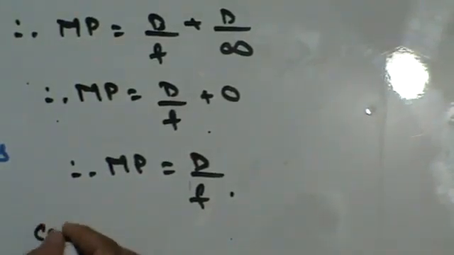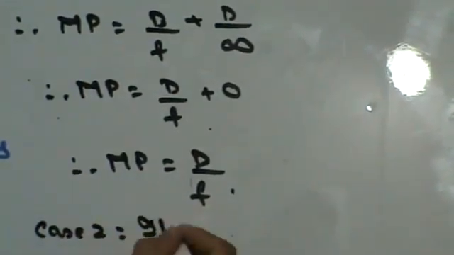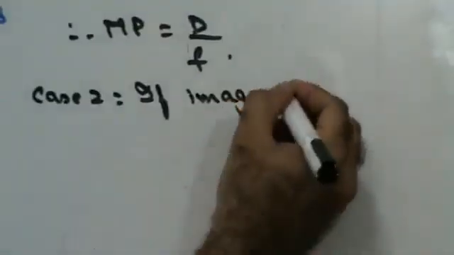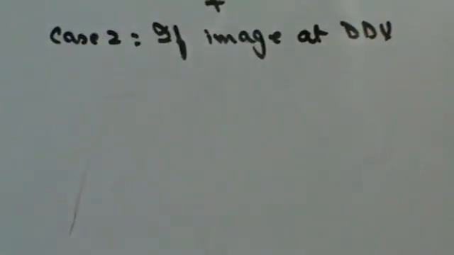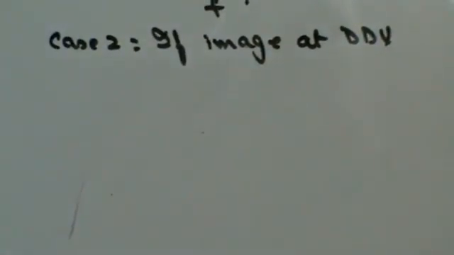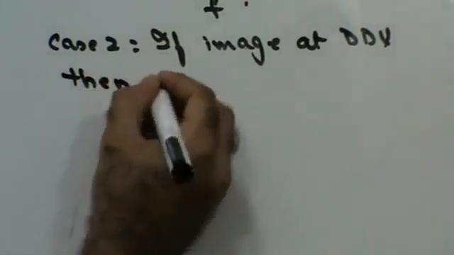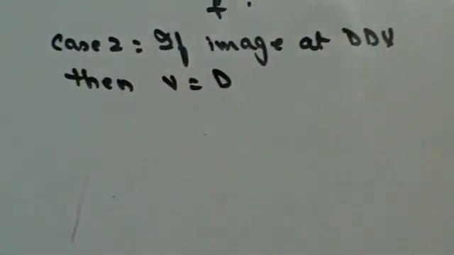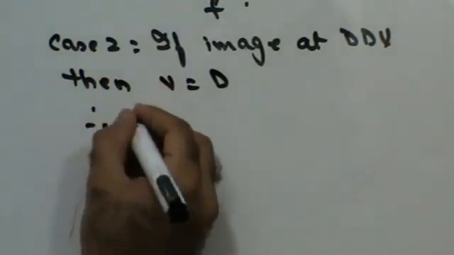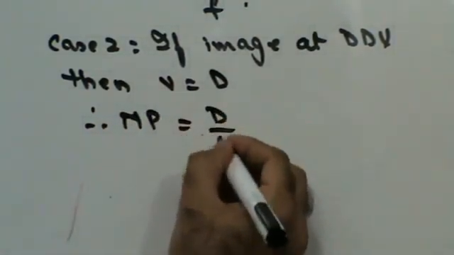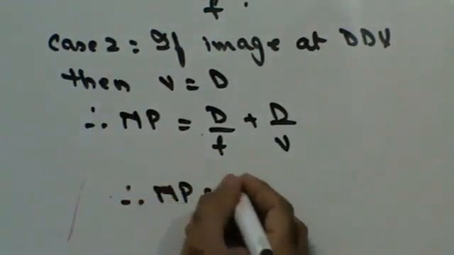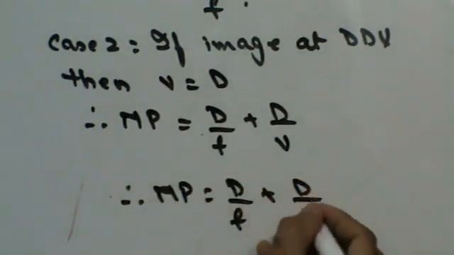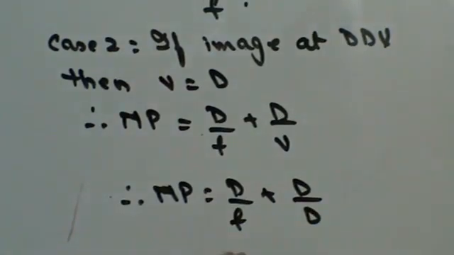Case 2. If the image is at DDV, let's assume that the image is formed at DDV. Then V will be equal to D. But magnifying power we know is D upon F plus D upon V. Therefore, magnifying power is D upon F plus D upon D, which is D upon F plus 1.